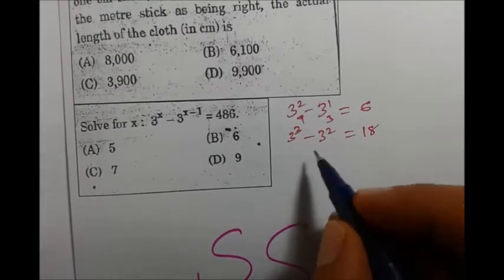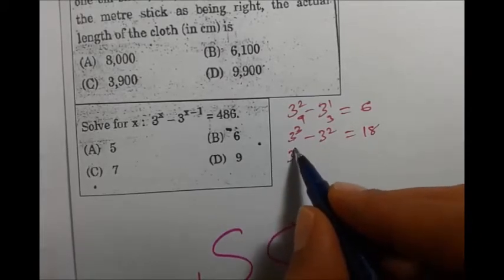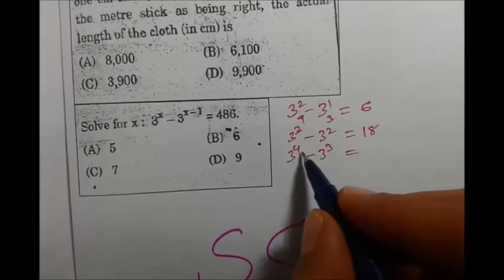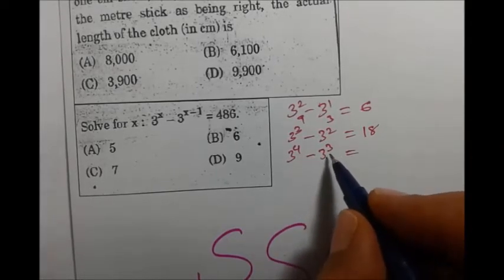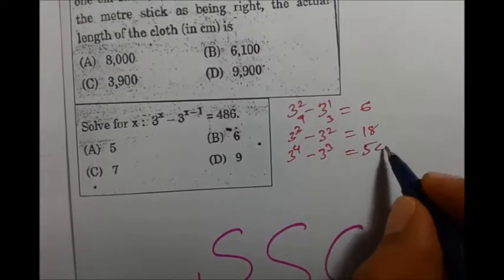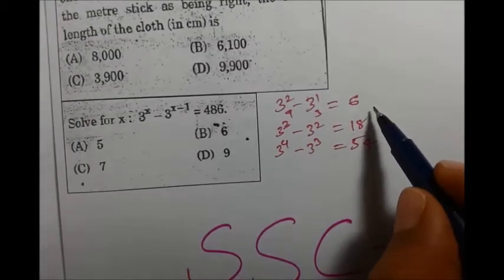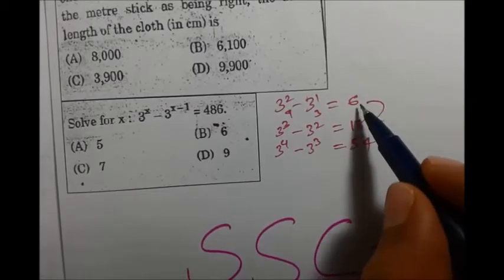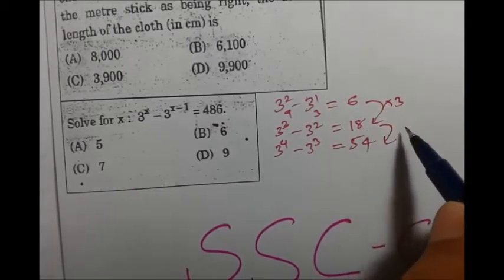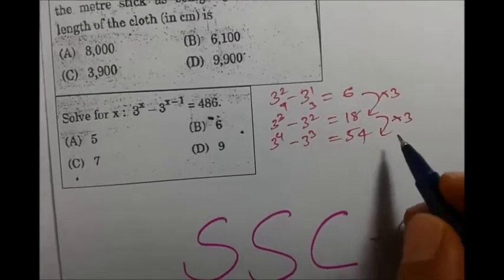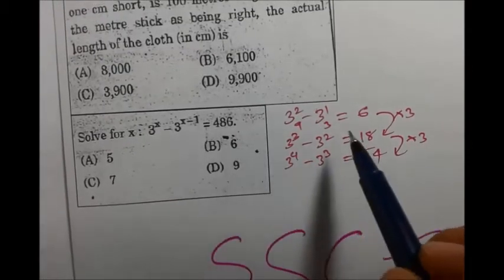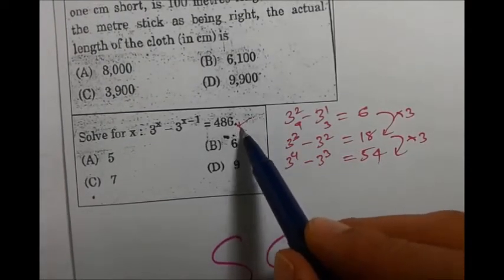If I try to find another number, that is 3 power 4 and 3 cube, 3 power 4 is 81 and 3 cube is 27, so the difference is 54. Observe the pattern here. 6 into 3 we are getting 18, and 18 into 3 we are getting 54. So following the same pattern, try to find where you are getting 486.